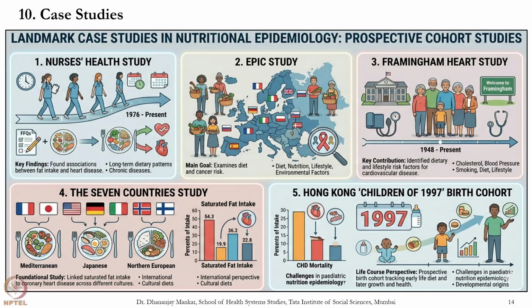The present illnesses are connected with previous childhood exposures. The Hong Kong Children of 1997 birth cohort becomes a very important study to discuss in nutritional epidemiology, especially pediatric.